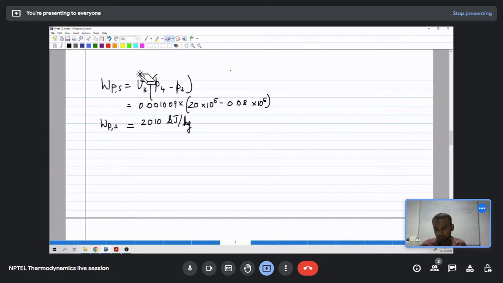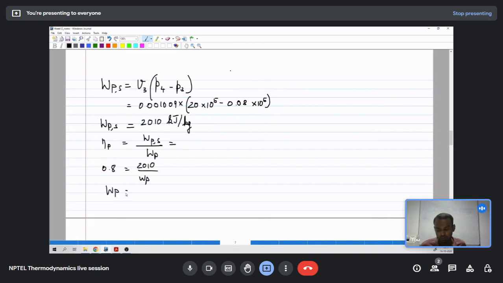The efficiency of the pump is here. Actual work will be higher, so that goes in the denominator, and ideal work will be in the numerator. So we have 0.8 is equal to the ideal work, which we have calculated now, divided by the actual work.